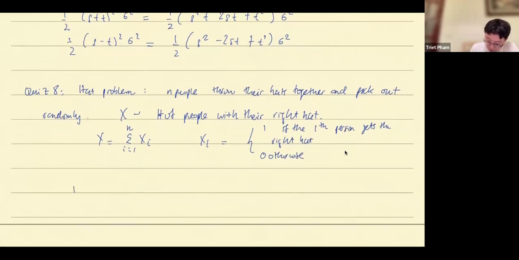And so the expectation of x is the sum of the expectations of x_i. In each x_i, the probability that the ith person gets the right hat is 1 over n.